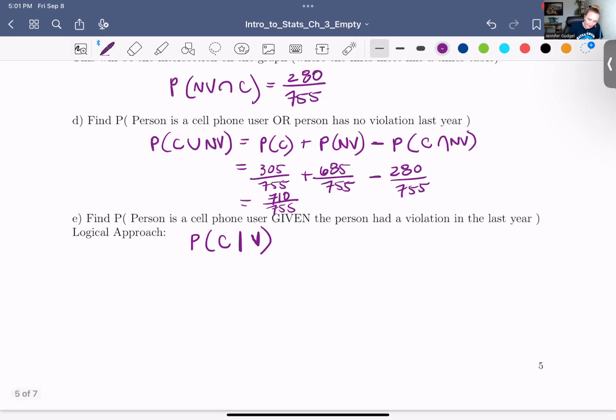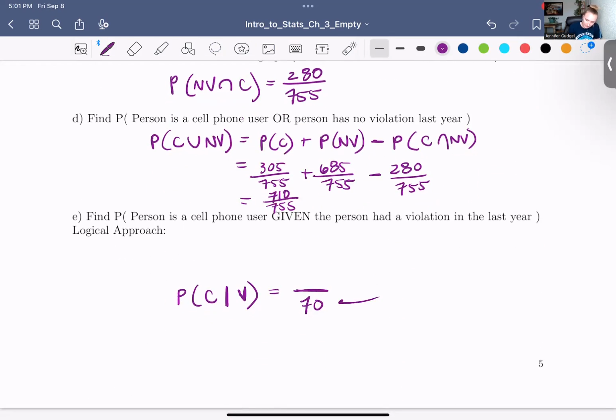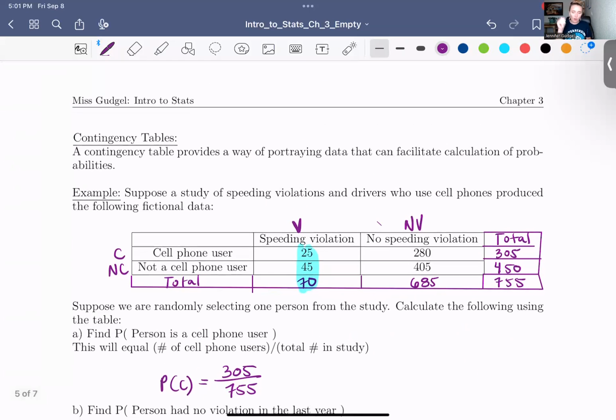So it's going to be out of 70 instead of out of 755. This is the given information. We know they have a violation, so everyone else gets kicked out. All right, now out of the 70 people still in the pool, how many ways could I select a cell phone user?